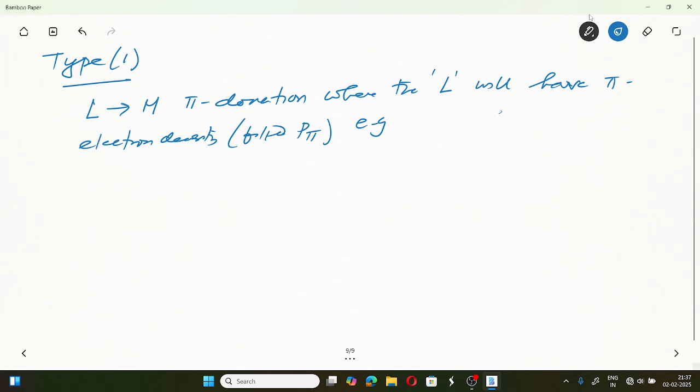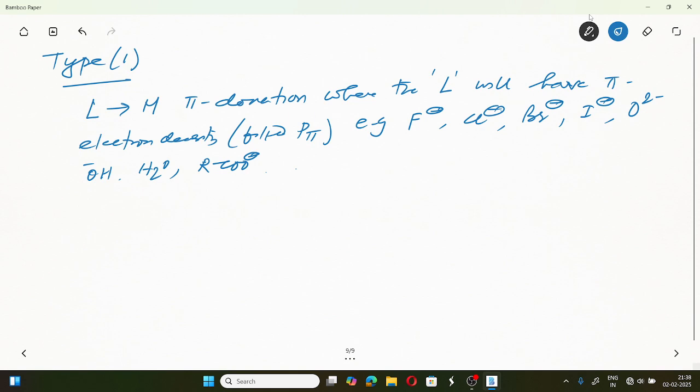Example given, ওই যেরকম দেখানো হলো, ফ্লোরাইড, ক্লোরাইড, bromide, iodide, it can be oxide, it can be hydroxide, water, okay, it can be RCOO minus, and so on, like this.